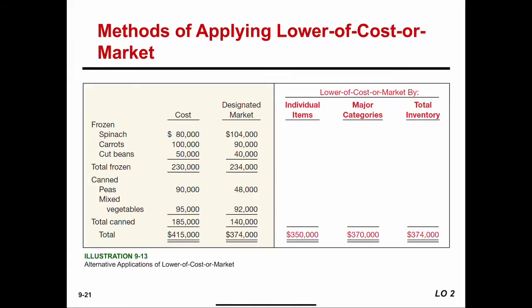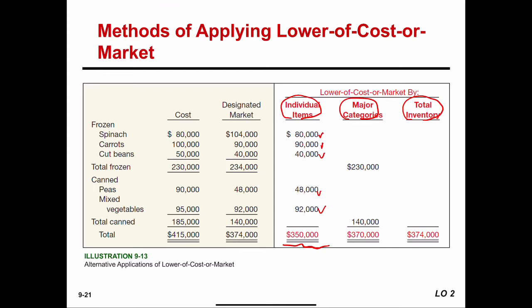Same as the lower of cost or NRV, we can also apply lower of cost or market to different categories: at individual level, major categories, or total inventory. So for each individual product or inventory, we keep the lower of cost and market and sum them, and that's the final inventory value.